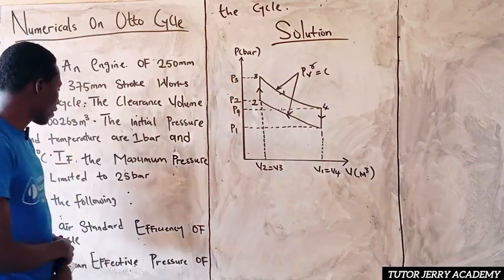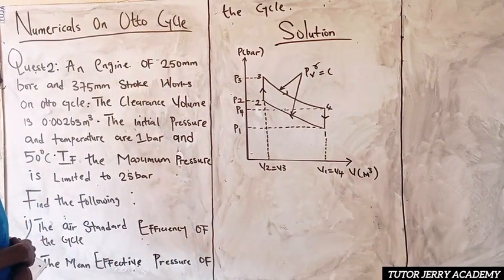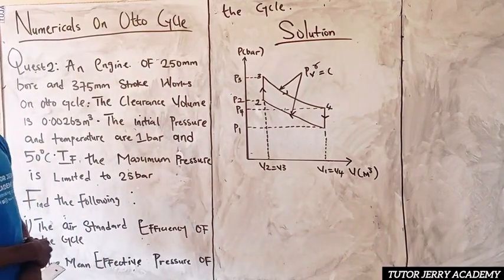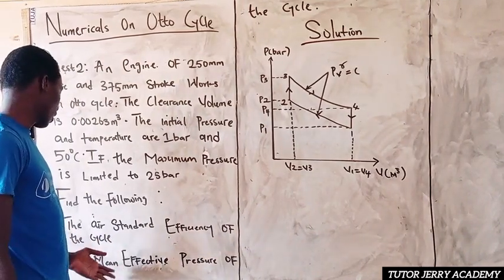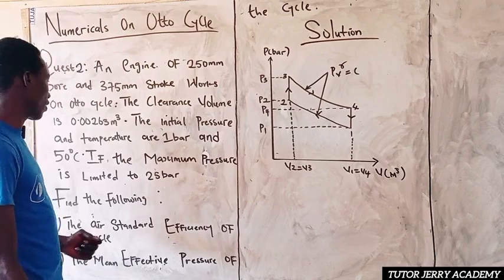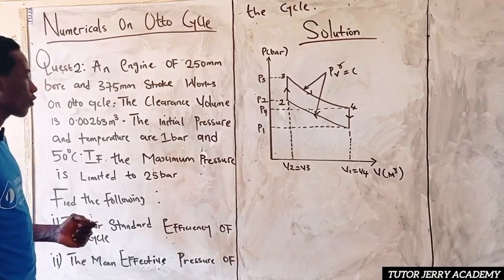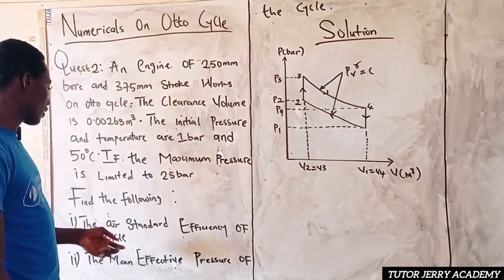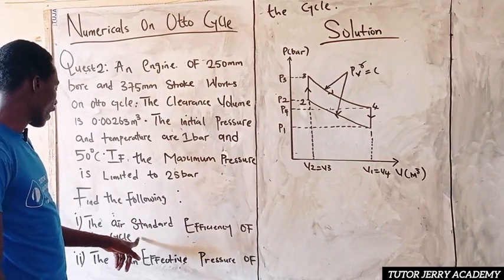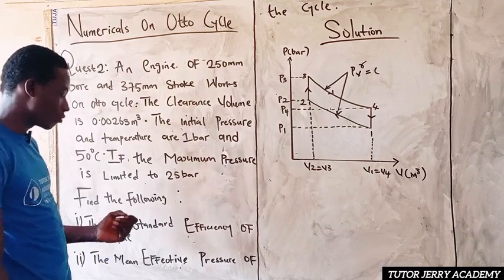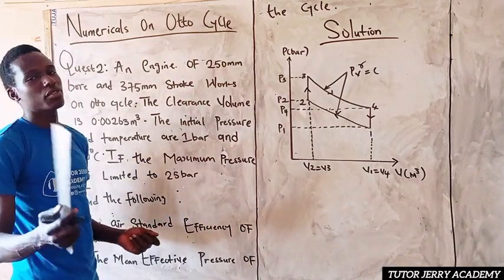So we are asked to find the air standard efficiency of the cycle and also the mean effective pressure of the cycle. The first thing we are going to do is, you know, that in order to find the air standard efficiency of the cycle, we need the compression ratio.